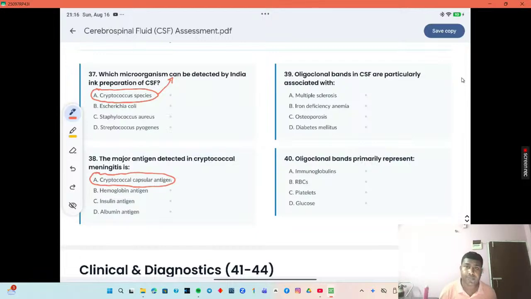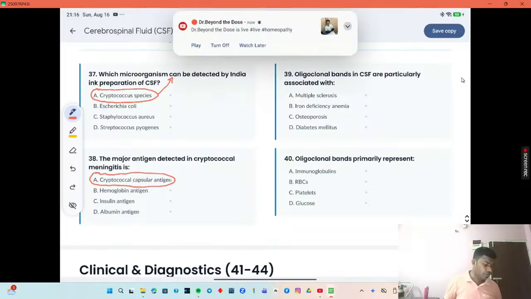Now, I will move to the next question. Oligoclonal bands in CSF are particularly associated with what?